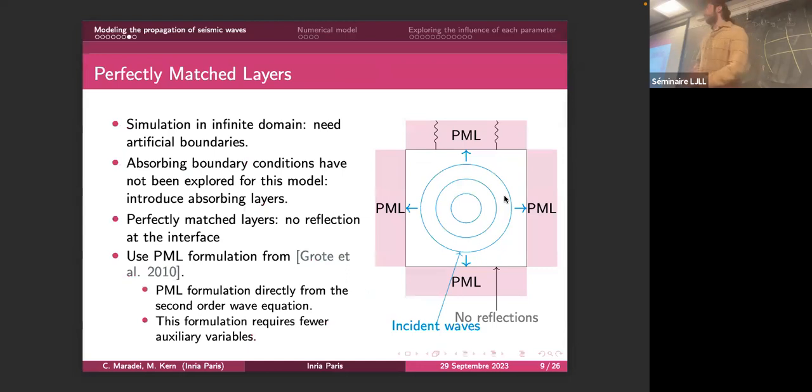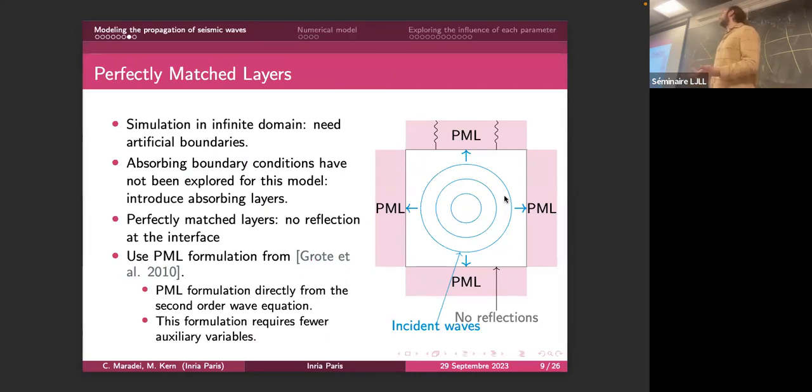One thing that we need to consider as well is the perfectly matched layers. So why do we need perfectly matched layers? In this kind of experiment, we're going to simulate a wave, and at some point it's going to reach the boundary. And if you use the typical boundary conditions like Neumann or Dirichlet, then you're going to observe non-physical reflections and you want to get rid of them.